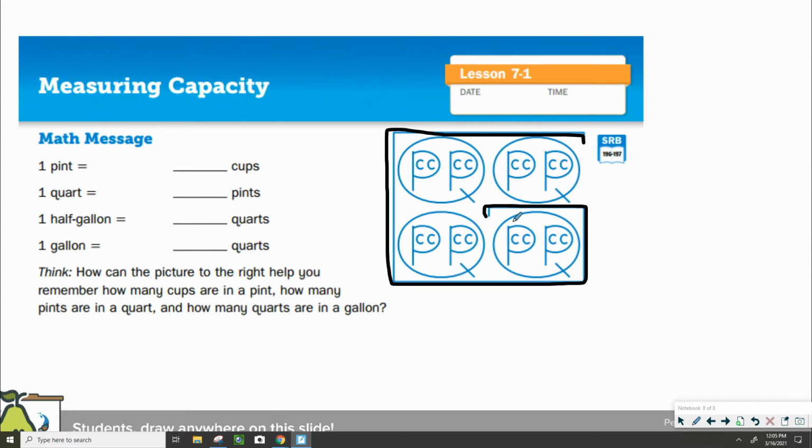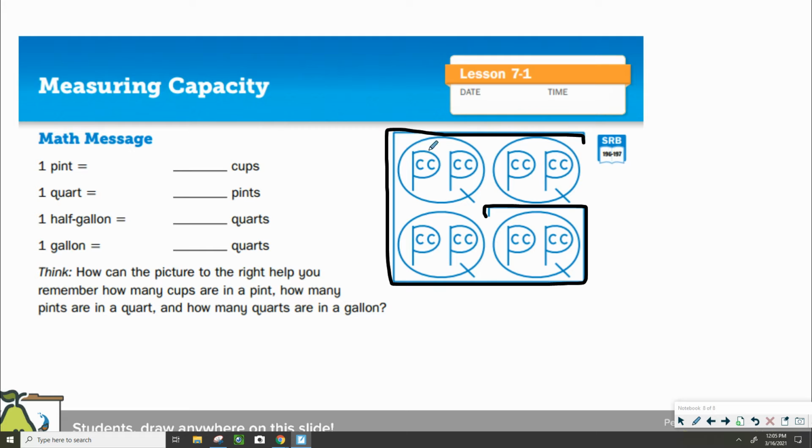So if I want to know how many pints are in a gallon or how many quarts are in a gallon, I can use this picture representation to help me know that. So I know that Q stands for quarts. I know that P stands for pints and C stands for cups. So as I'm looking at this picture, it is going to help me know this.